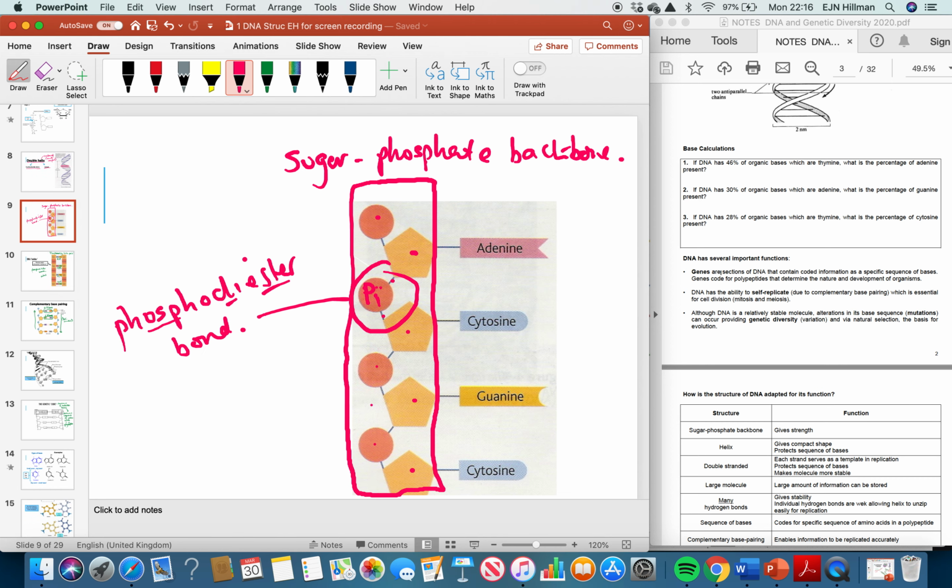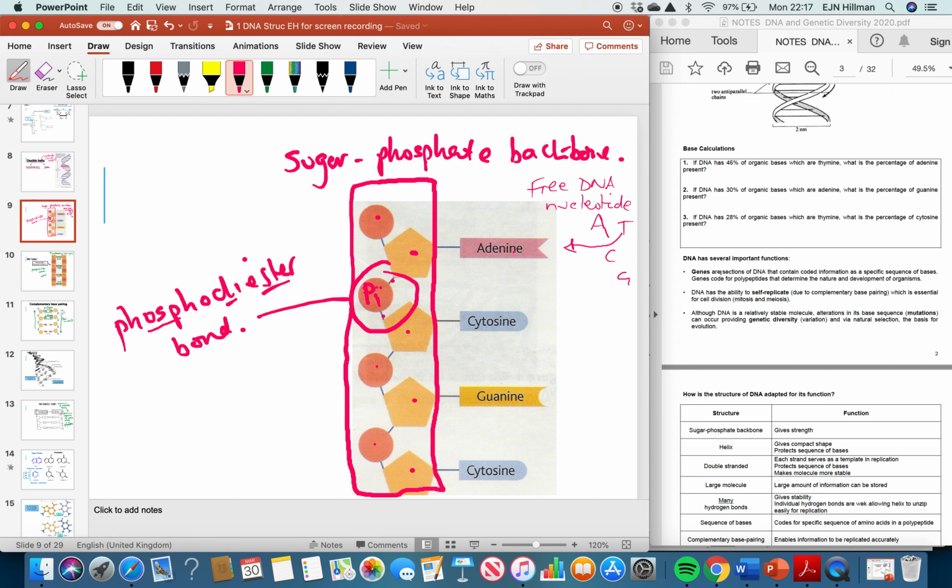Okay, so a single strand of DNA in the presence of some free DNA nucleotides. So we've got some adenines and some thymines and some cytosines and some guanines. Those free DNA nucleotides will spontaneously pair up with their complementary base pair.